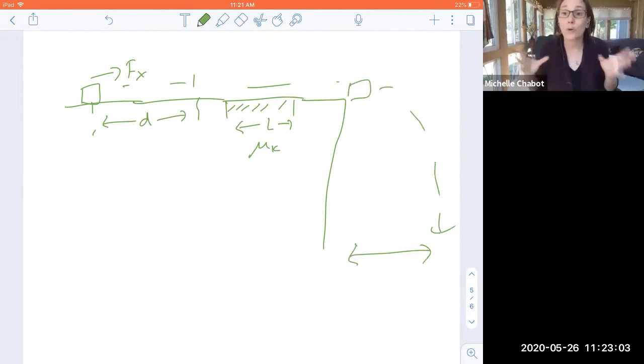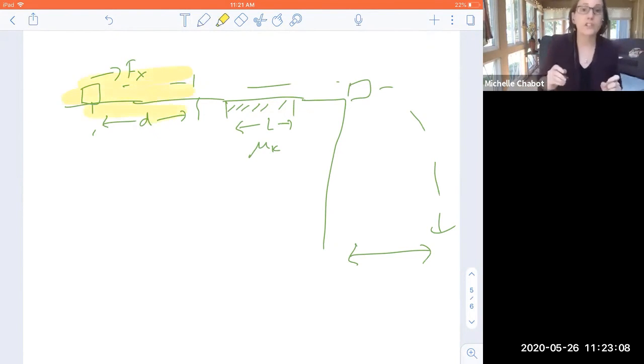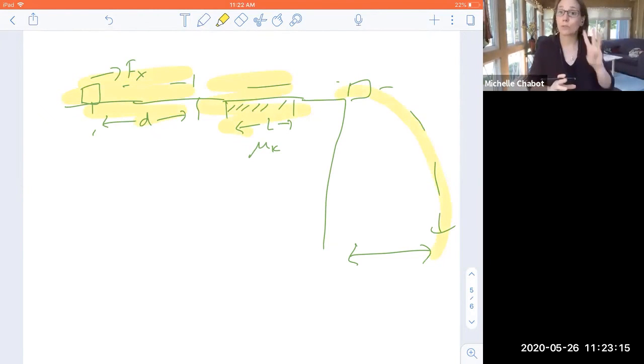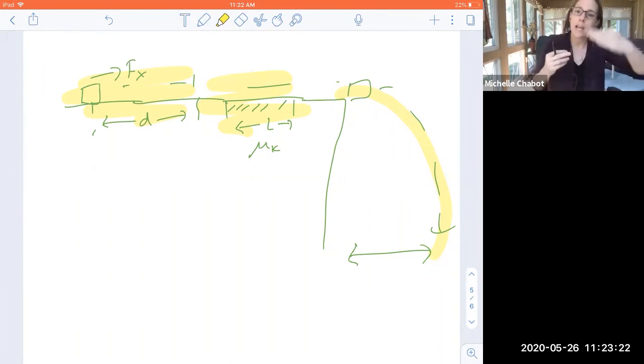Now all of a sudden you have three parts to your problem: work kinetic energy, conservation of energy, and then 2D motion. So it's a three-part problem. Identify each part, know the starting points for each part, and then just execute them. You don't always have to see the finish line in order to start the race. Same thing with a problem. You can know that you're taking the right steps and do that for each step of the problem, and you will get there.